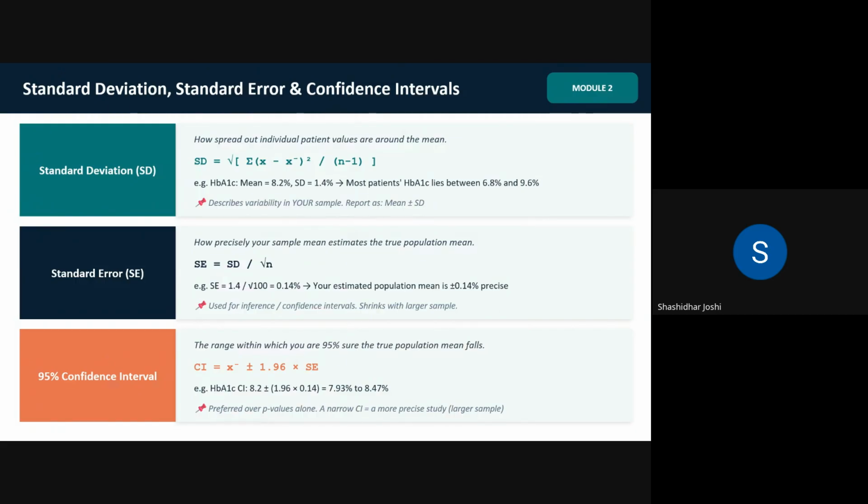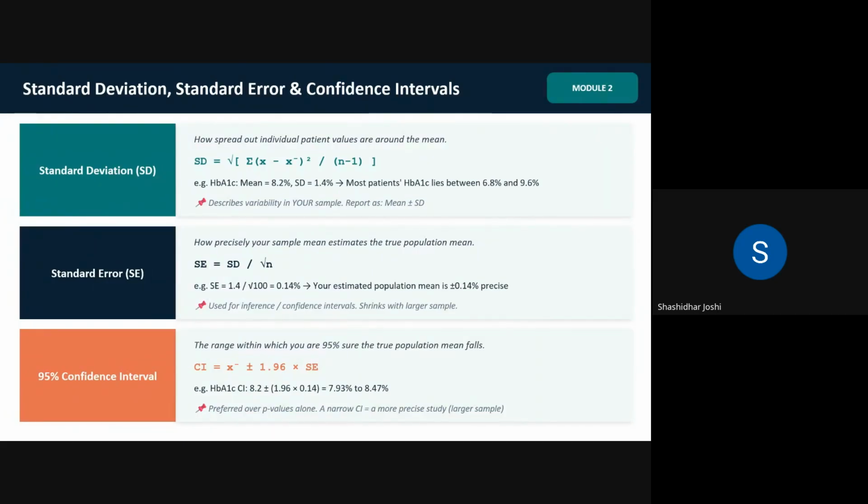And apart from that, I also have something called the 95% confidence interval, which talks about the range within which you are 95% sure the true population mean falls. So basically, it is how confident you are about the true population mean.